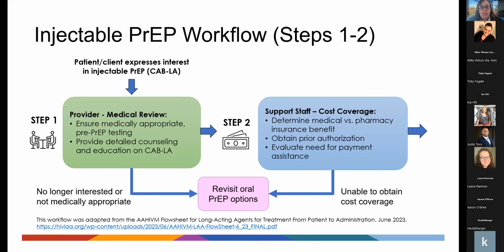And then you move into the provider medical review. Your provider is going to be looking at things like medical conditions and lab testing to make sure that the medication is safe and appropriate for the patient. And they'll also be doing some detailed counseling and education on long-acting cabotegravir. That would include any risks or potential side effects or adverse effects of the medication, the benefits that they perceive with the medication, the need for an intramuscular injection and what might be related to that.